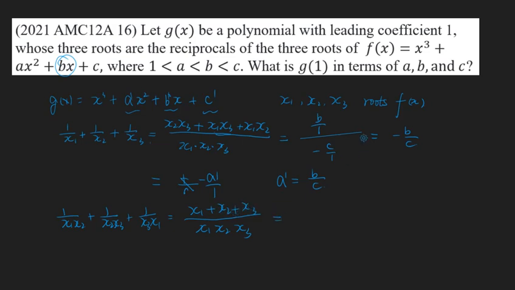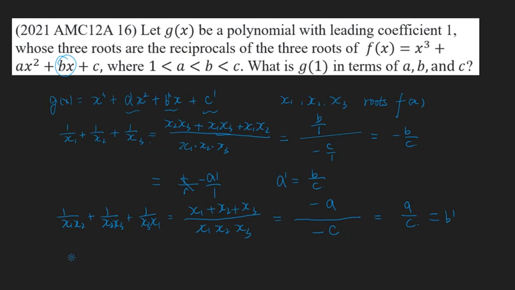Also, we apply Vieta's formula in f(x), which leads us to the sum being negative a. The product of it is still negative c. So that equals a over c. And then if we apply the Vieta theorem in g(x), that equals b prime over 1. So just b prime.